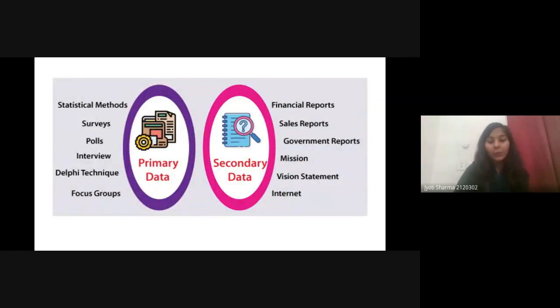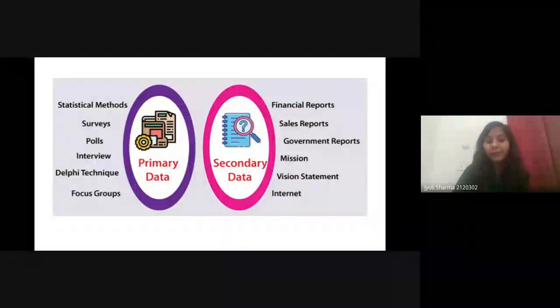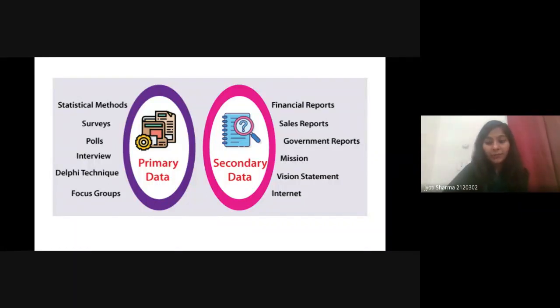And we have two types of data set: primary data set and secondary data set. Primary data set is when you are going to the field, or when you are collecting data yourself. For example, you are conducting the poll, the surveys, the interview, and then you are collecting the data. So this is the primary data. And secondary data is something that has been published already.